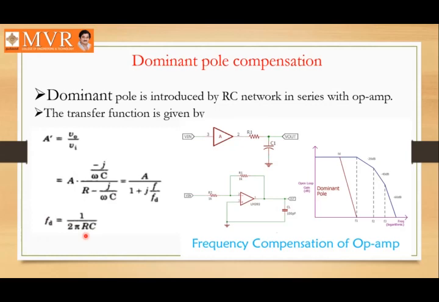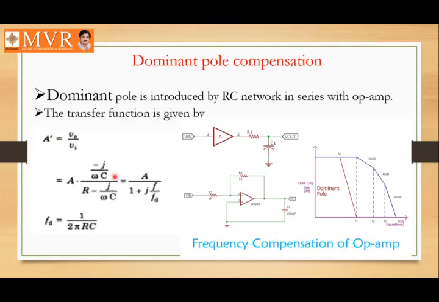And fd is selected such that the compensative transfer function, that is A dash, passes through the 0 dB at frequency f1.